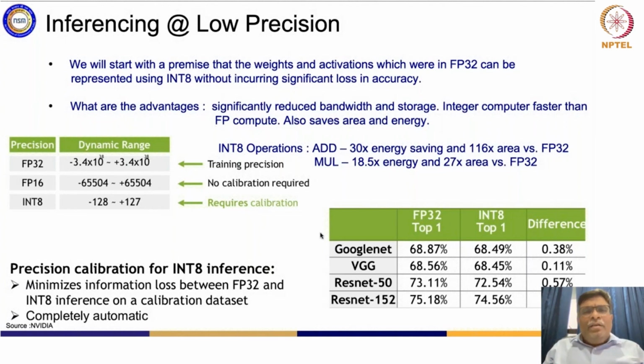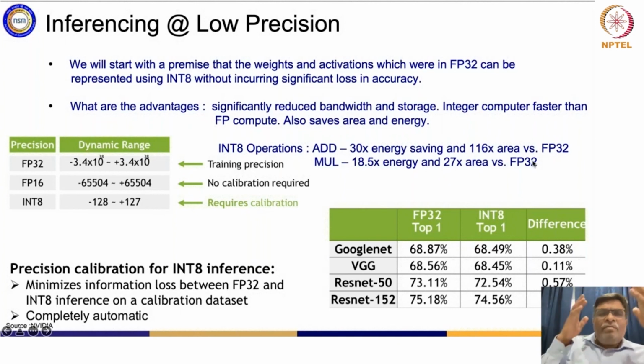So let's try to understand, if you do an add operation as an int 8 operation instead of an FP32 operation, you are going to save 30x energy and 116x area as against doing it on floating point 32. And if you do a multiply operation using int 8, you're going to save 18.5x energy and 27x area versus a floating point 32 operation.